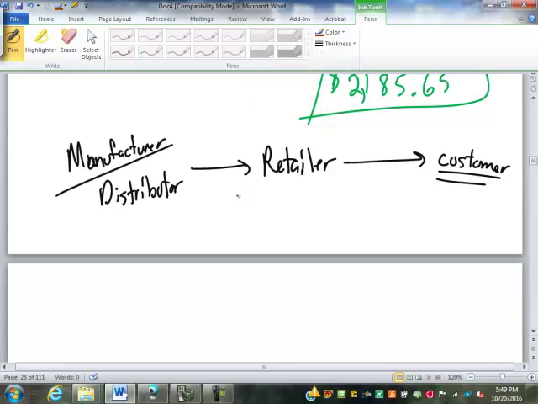So obviously, the retailer has to purchase the merchandise they're going to sell. So what they pay coming in is considered the cost of that merchandise. The price that they're going to pass along to the customer is considered the selling price.